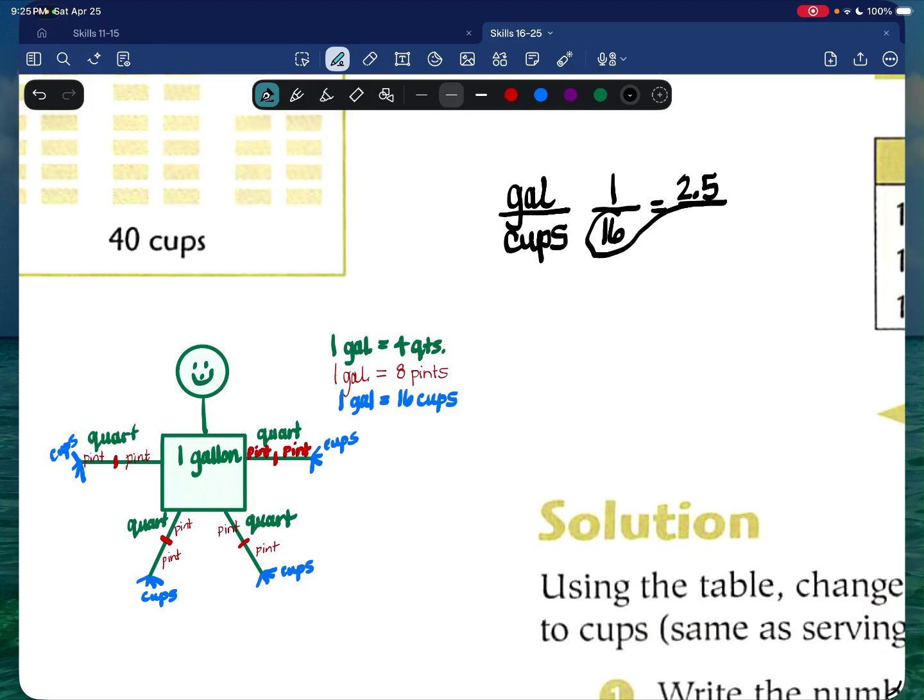So I would be multiplying the peanut. 2.5 times 16 should be 40. Use your calculator if you need it. So that's 16 times 2.5 is 40. And remember, we always have to divide by what's not in the peanut. And that's going to give us an answer of 40.